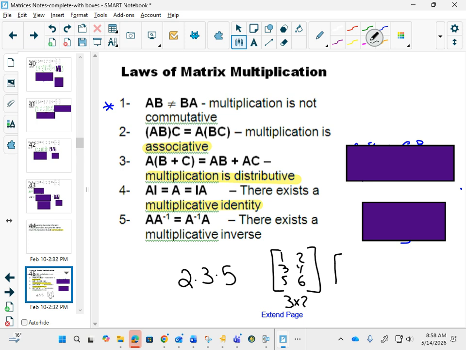If I'm going to multiply it by something to be compatible, it's got to be a 2 by something, right? And identity matrices are always square matrices. So here's my identity matrix. And my answer on the outside is going to be a 3 by 2.